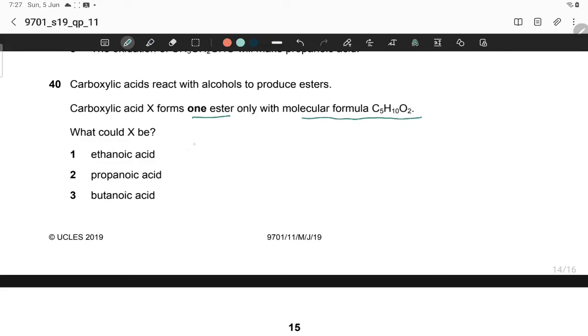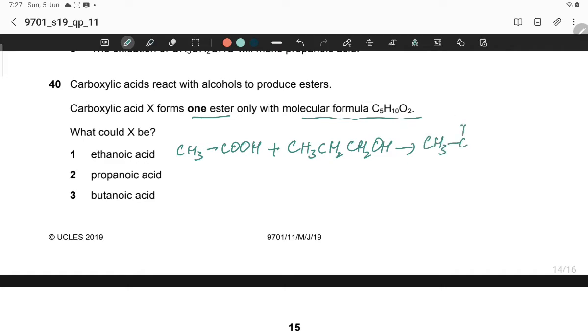This is CH3COOH. When reacted with propanol, to form propyl ethanoate with formula C5H10O2.